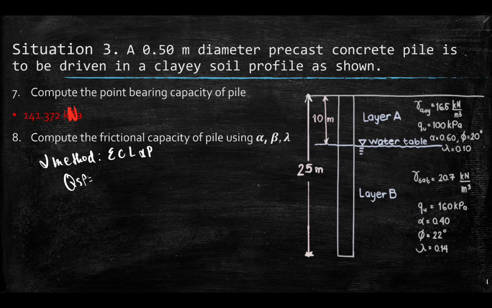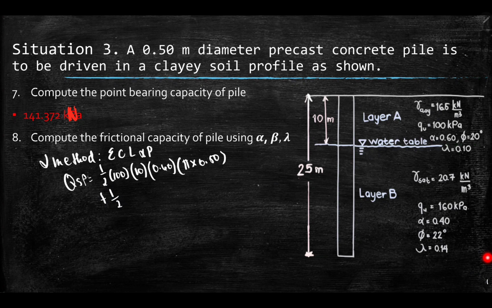sa first layer, ang cohesion natin dyan is 1/2 of 100 times yung length natin, which is ito, papunta dito is 10 meters, and our alpha is given 0.60 times the perimeter, which is pi times the diameter. So, yan pa lang yung soil layer A. So, meron pa tayong frictional capacity sa soil layer B, which is 1/2, ang cohesion niya is 1/2 of QU 160, and the length is, since 25 meters to, therefore, ito is 15 meters.